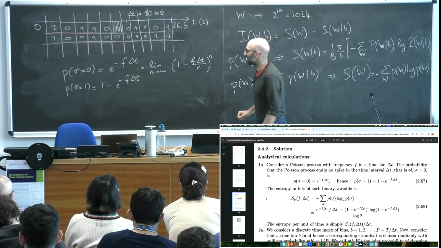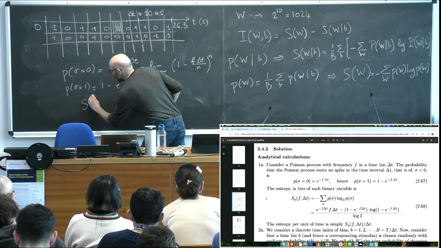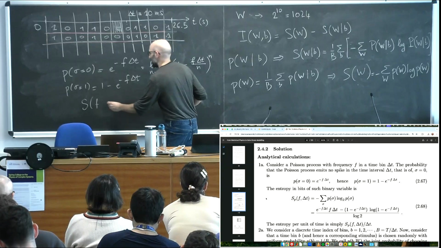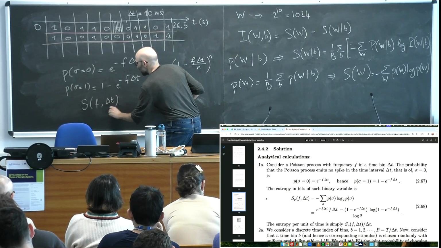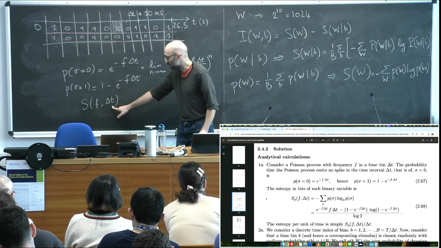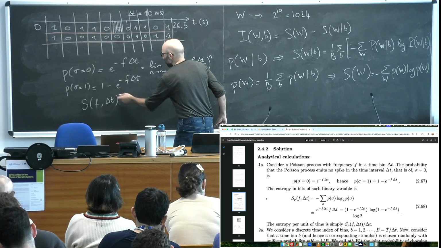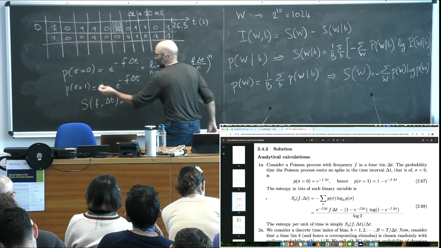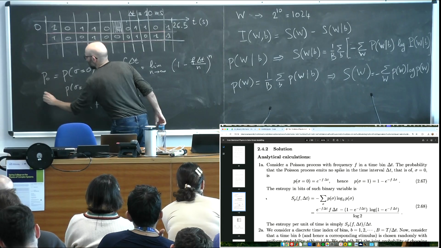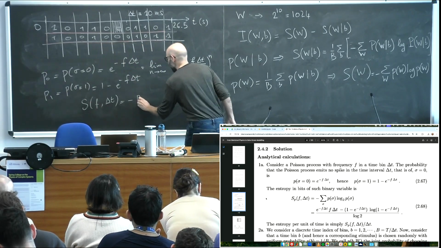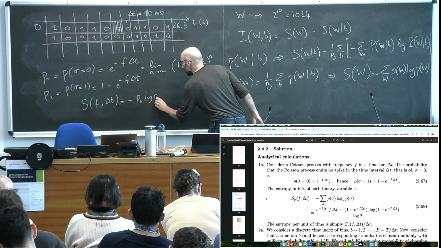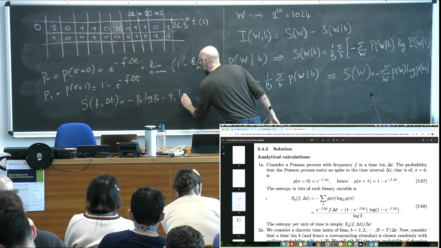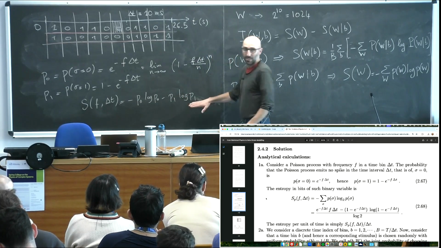And so you can get the entropy of a Poisson neuron of frequency f with bin delta t, which is just going to be minus, if I call this p0 and I call this p1, p0 log p0 minus p1 log p1, right?